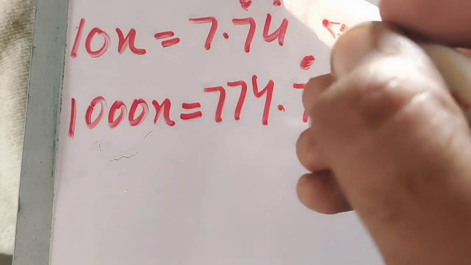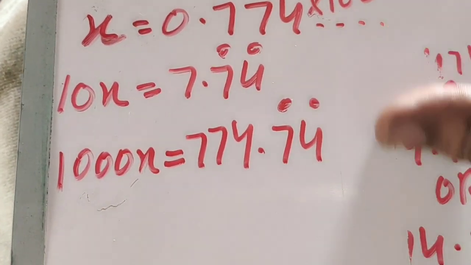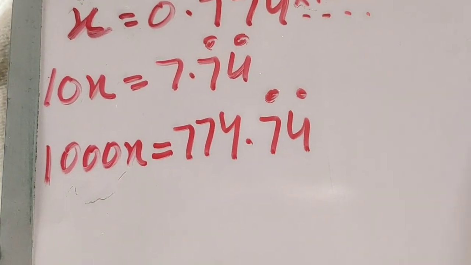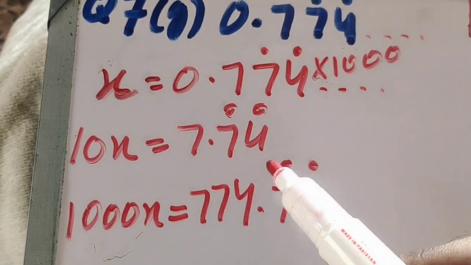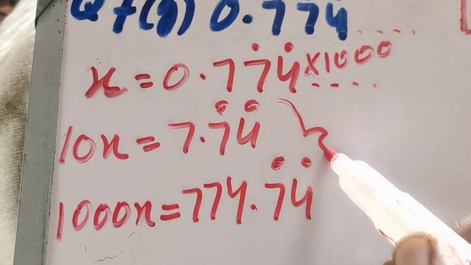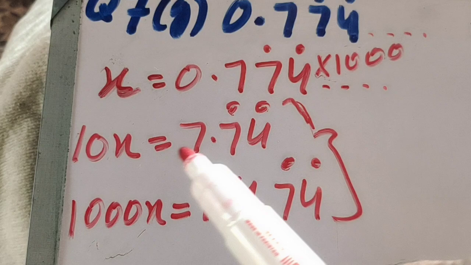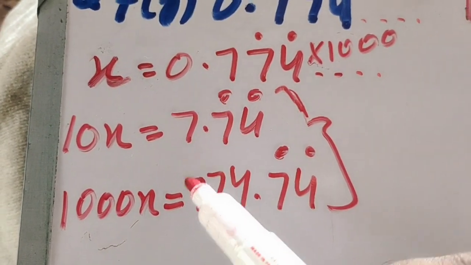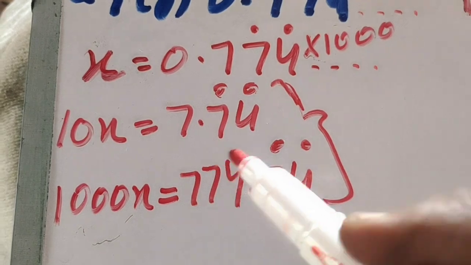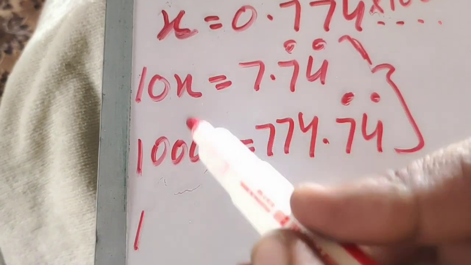So students, these are the two equations we have formed, one with 10x and the other with 1000x. We are going to subtract these two equations to find the fraction. We subtract the smaller from the bigger.